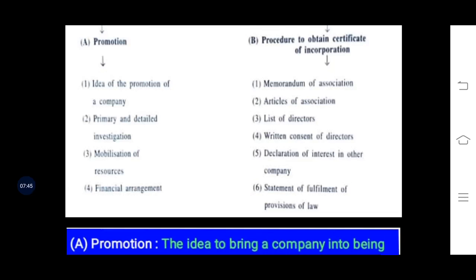And then they will have to declare if they have any interest in any other company, so that they will not harm the particular company in which they are holding the place of director. So that declaration is needed, whether they are interested in any other company or not.